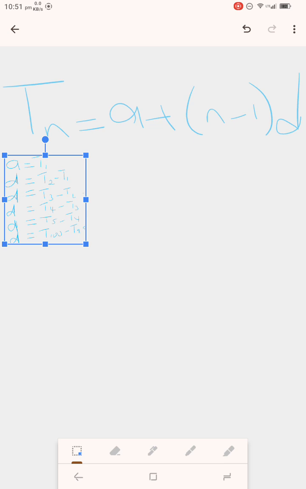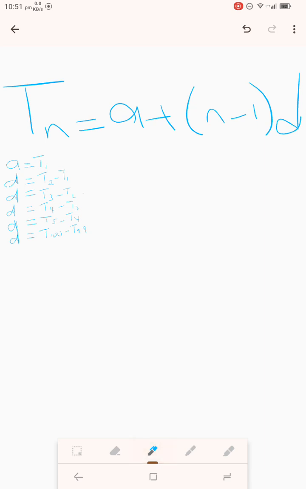Like now on the equation, look. Let's say they want you to look for term number 15. On the equation, it's going to be like this: term number 15 is equal to a, which is term number 1, plus open brackets. Where is n?